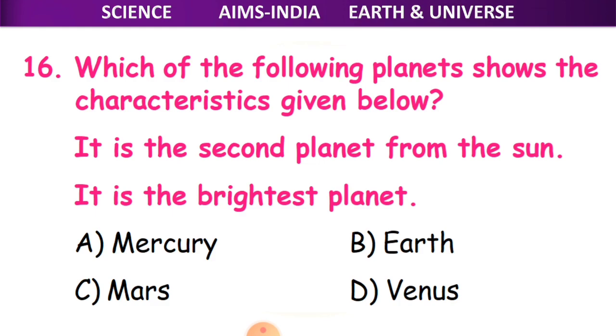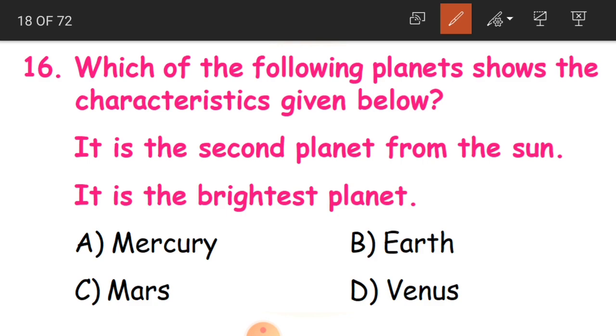Now, the 16th one. Which of the following planets shows the characteristics given below? Here it is. It is the second planet from the sun. It is the brightest planet. Okay. So we have to identify which of the following planets have these characteristics.